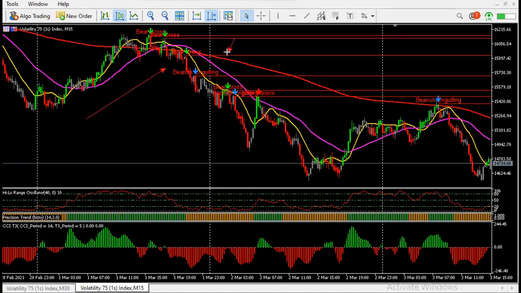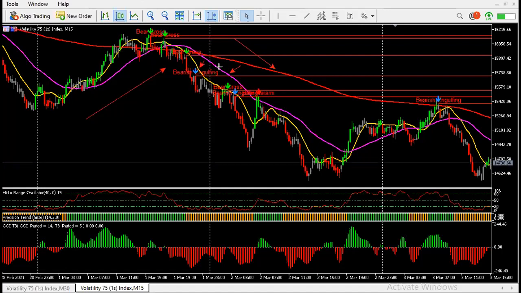So the major setup are the price action and the moving average. We have a long-term moving average in red, the medium in purple, and the fast moving average in yellow or gold color. Whenever the price is below the yellow, that is our first clue.